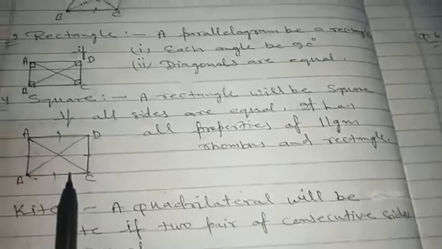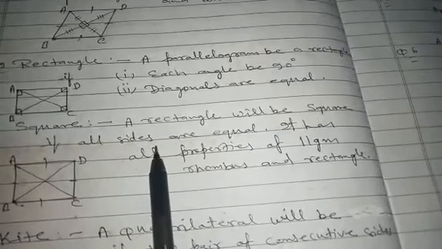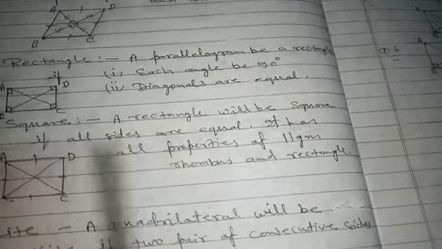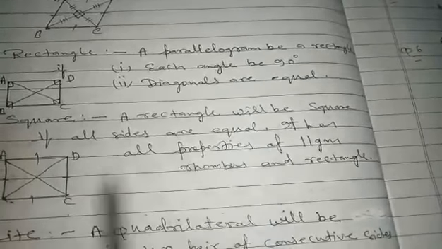Next, a square. A rectangle will be a square if all sides are equal.